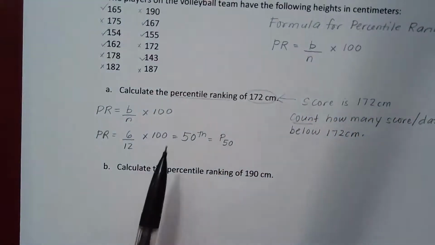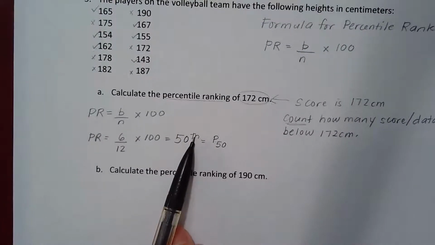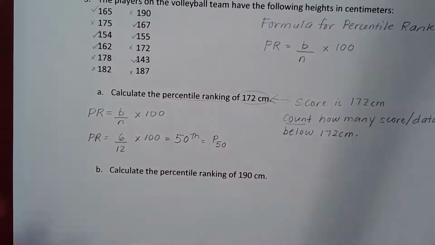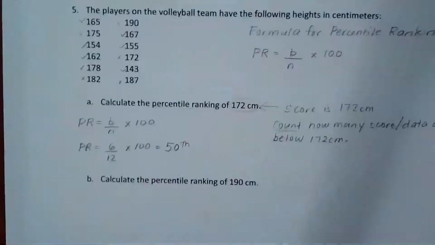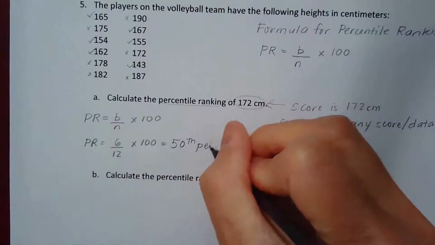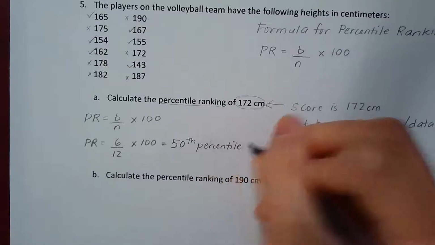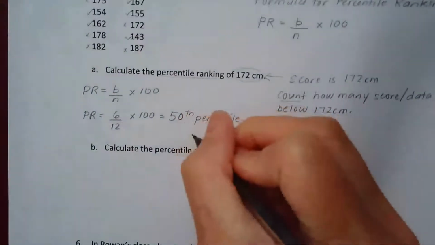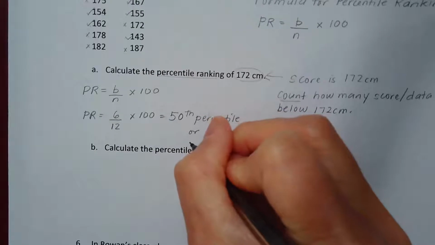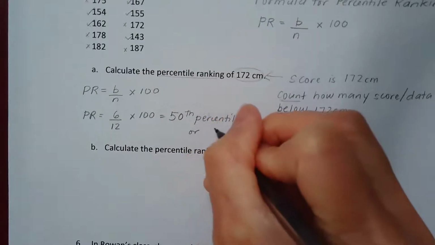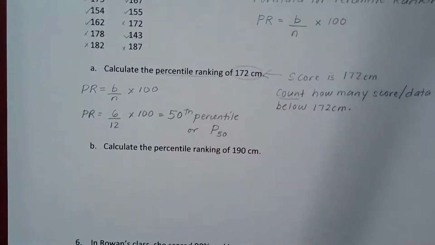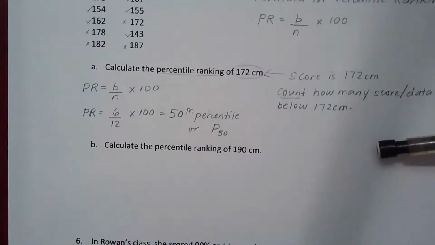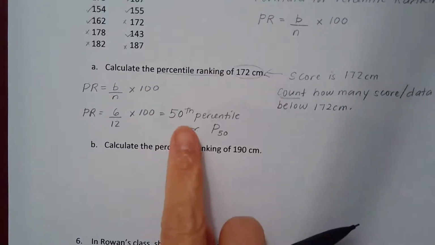You can write down 50th percentile, or write it as P50, or PR50. So this is your answer.